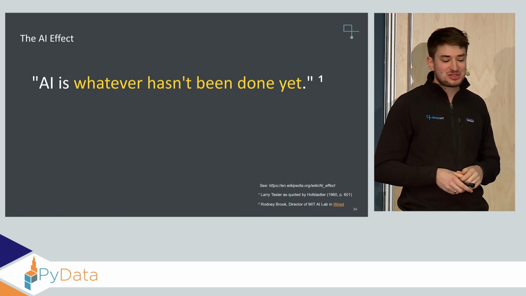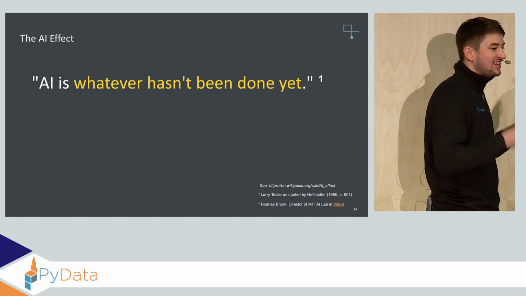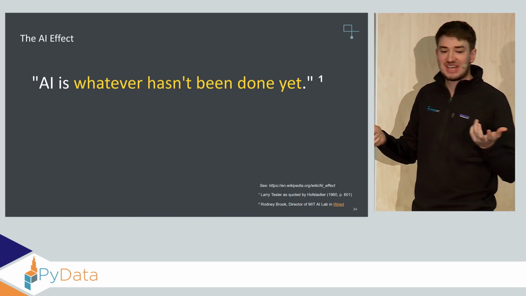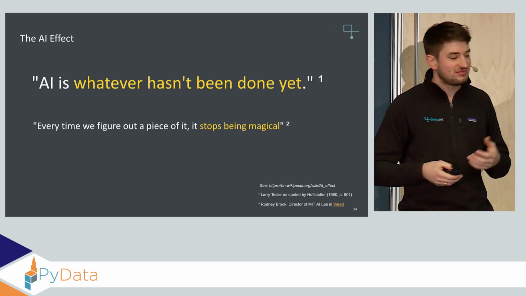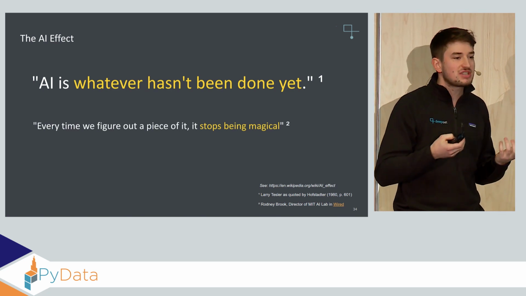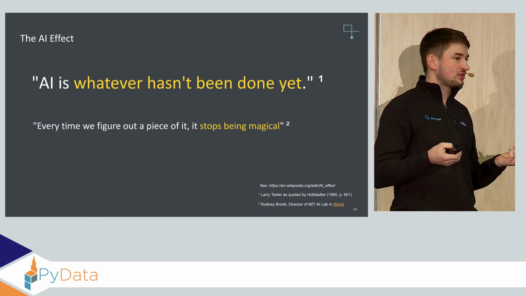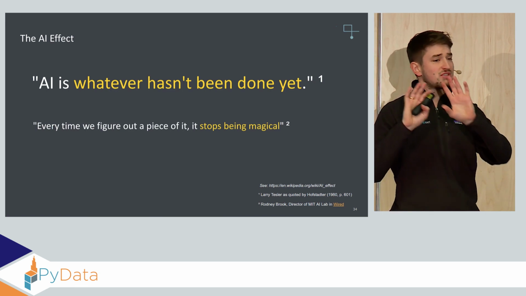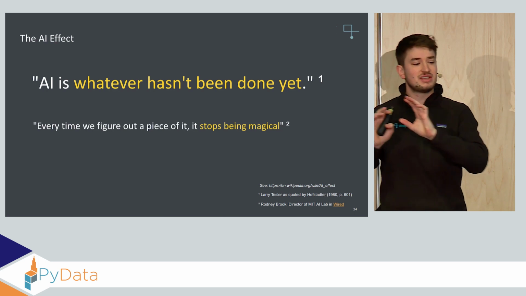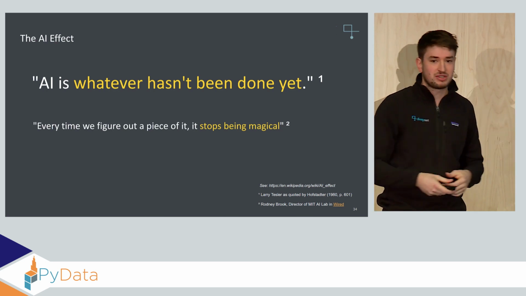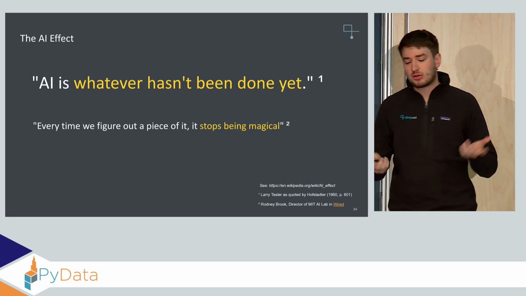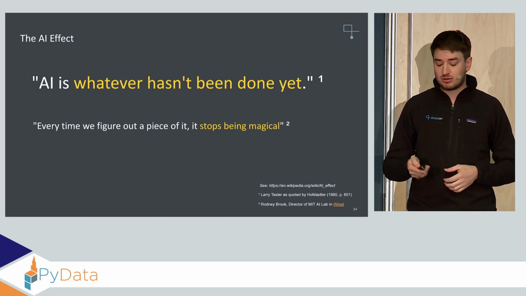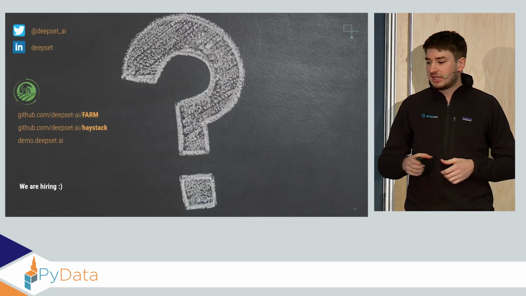And this is what some people these days describe as the AI effect, stating AI is whatever hasn't been done yet. Basically every time you figure out how something works, it stops being magical. And you say, okay, maybe we thought this is AI, but in the end, humans work really differently, and this is only matrix multiplications, right? So I'm not sure if there is really AI. I think this is just an interesting phenomenon that we should keep in mind.